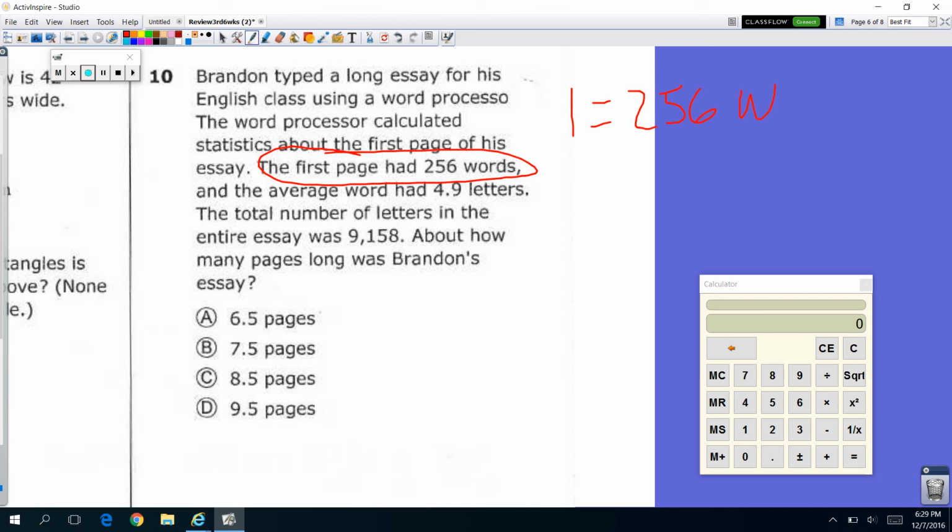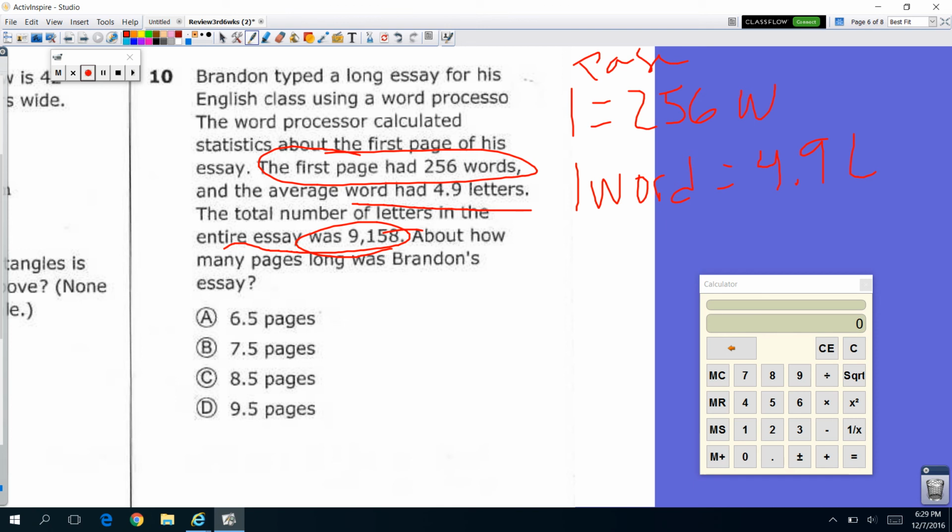And the average word had 4.9 letters. So this is one page, and one word is about 4.9 letters. And then it tells me that the entire essay had 9,158 letters.